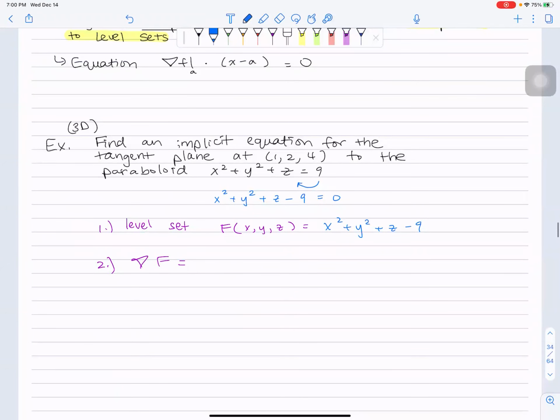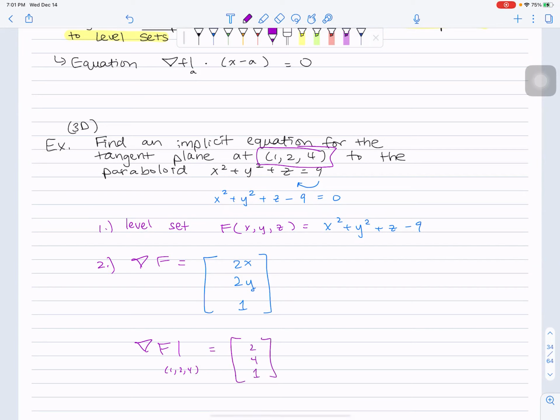The partial with respect to x is 2x, with respect to y is 2y, and with respect to z is 1. I'm told I want to find it at this specific point, so let me evaluate it at 1, 2, 4. That gives me 2, 4, 1.